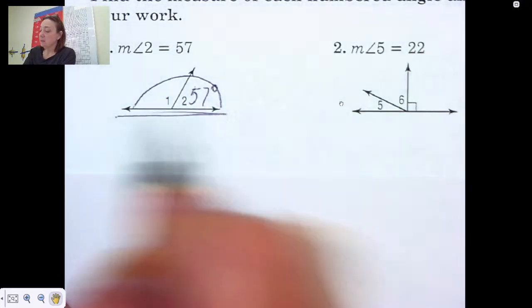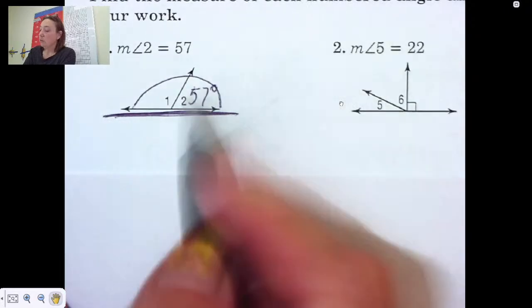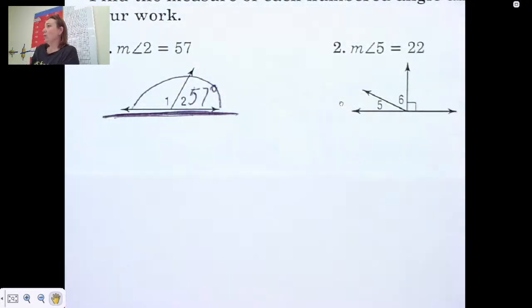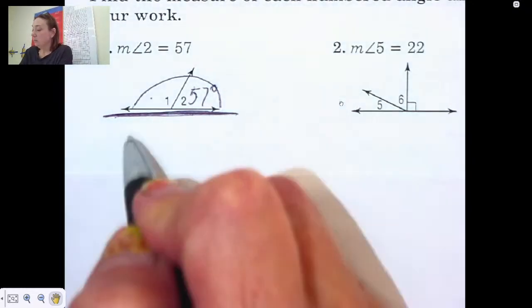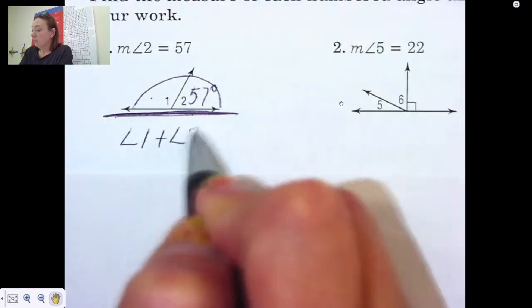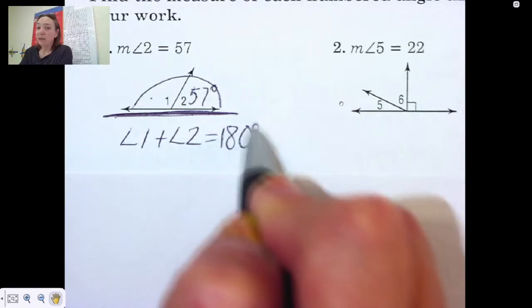What is this? It's a line, right? So it's two angles that make a line. That's a linear pair, right? And what do we know about a linear pair? They're supplementary, right? So that means, what do we know about angle 1 and angle 2? They add up to 180, right?